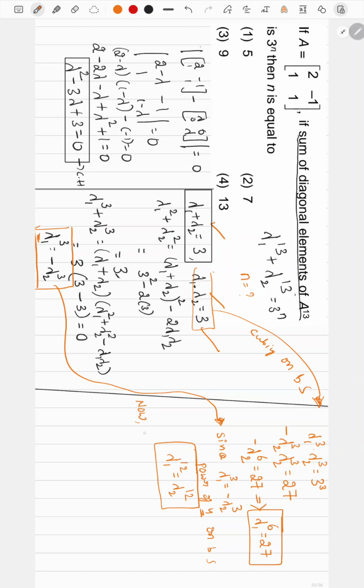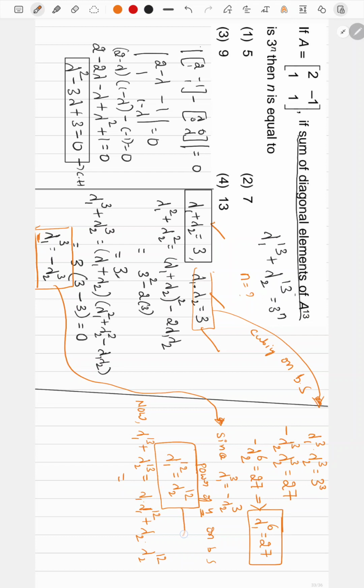Now lambda 1 power 13 plus lambda 2 power 13 we can write as lambda 1 into lambda 1 power 12 plus lambda 2 into lambda 2 power 12.